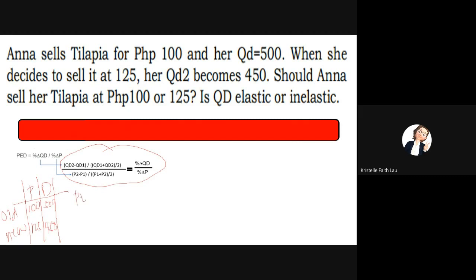So, we will use our formula to get the answers. For the PED, we have the percentage change in quantity demand over the percentage change in our price. So, for the quantity demand, we have QD2, 450 minus 500.